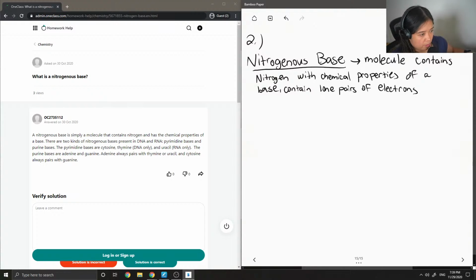Okay, so I'm going to draw some examples of nitrogenous bases, which are present in the DNA and RNA. So I'll just say example of the nucleic acids.